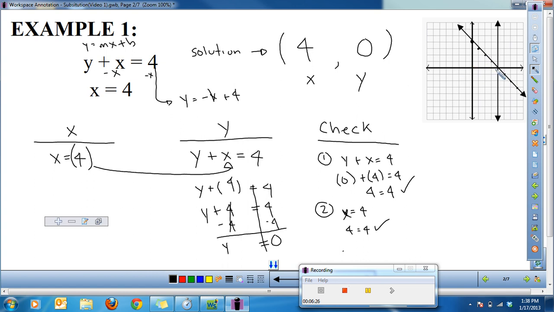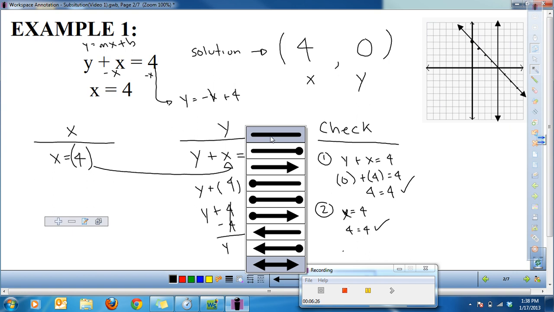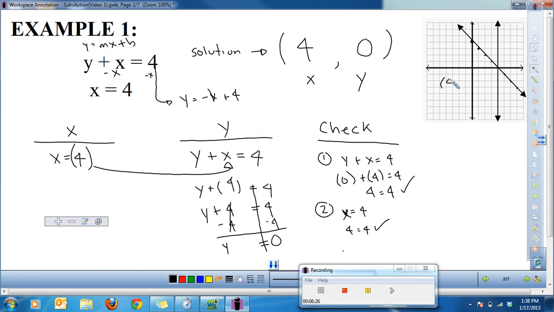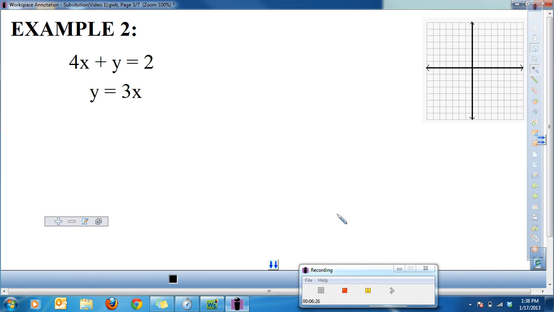I see that it crosses at (4, 0). So that point right there is (4, 0). That is the same solution that I just got solving this algebraically. So you can see that you can use graphing, or if you don't have a graph, you can use this method of substitution. So let's do another example.